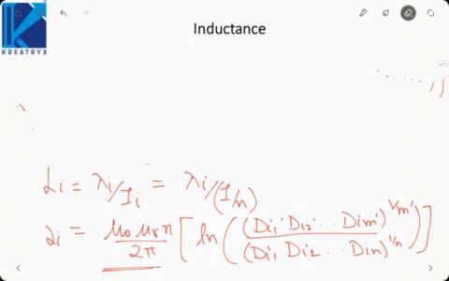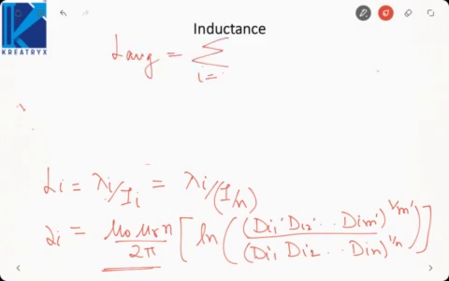So if I want to take the average of all the inductances in a single group, so what will happen? L average can be computed as sigma I equal to 1 to n Li by n.